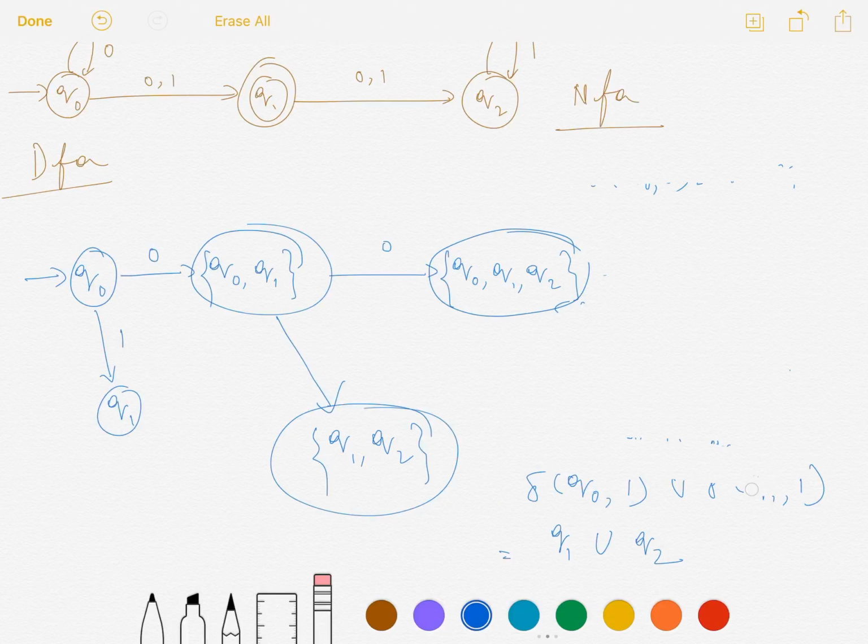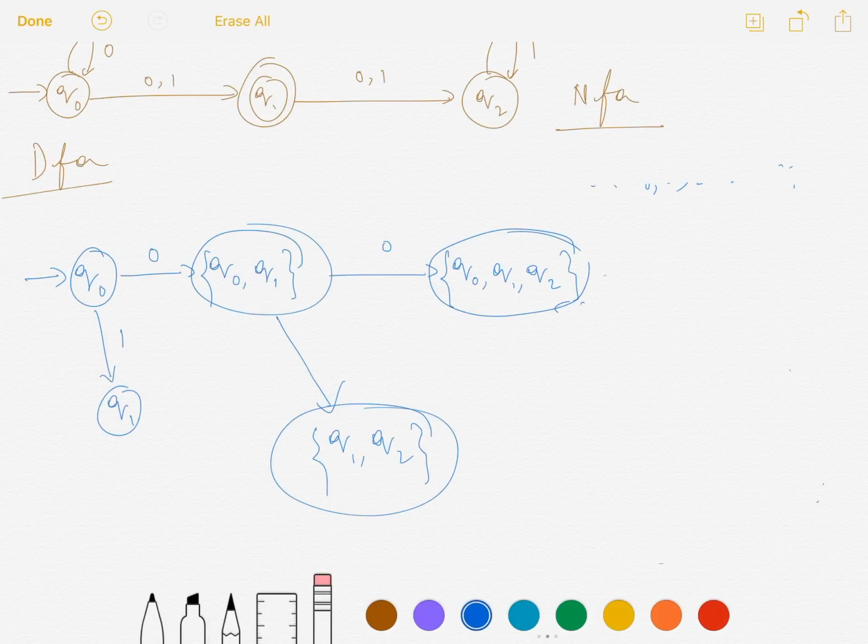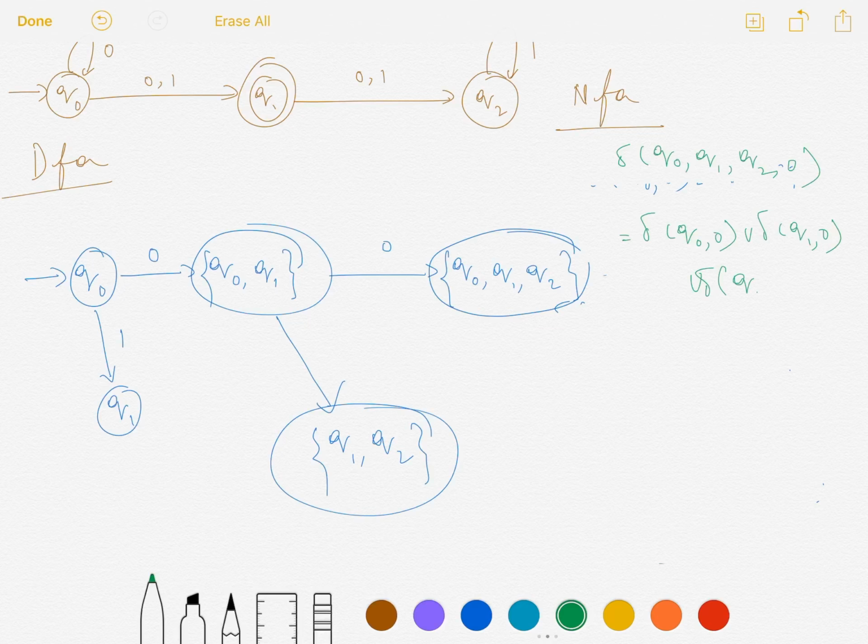Now let us check 0 and 1 for Q0 Q1 Q2 and Q1 Q2. Delta Q0 Q1 Q2 on 0 is delta Q0 0 union delta Q1 0 union delta Q2 0.